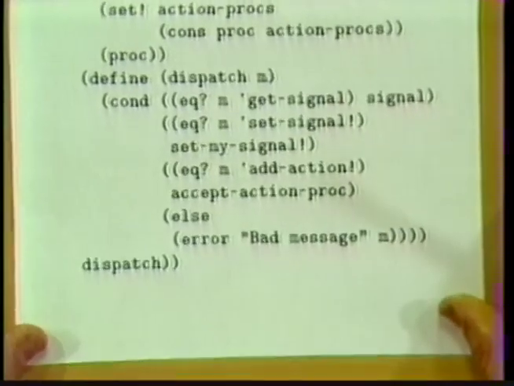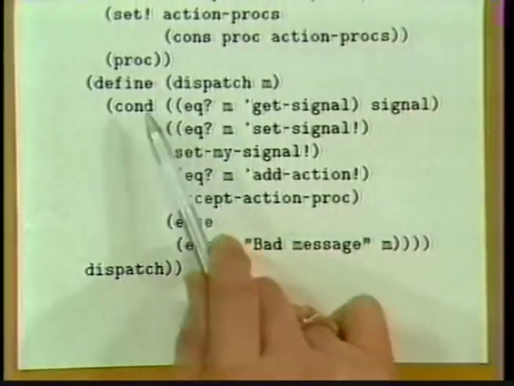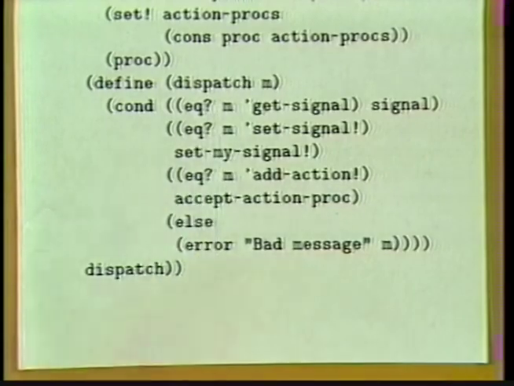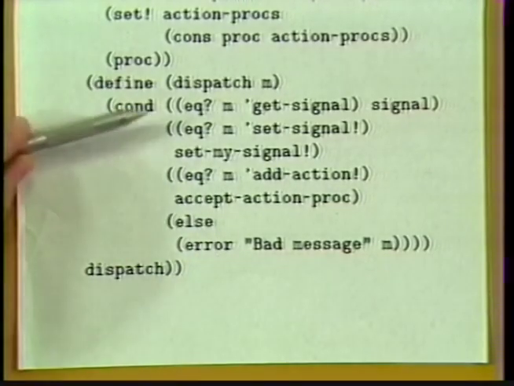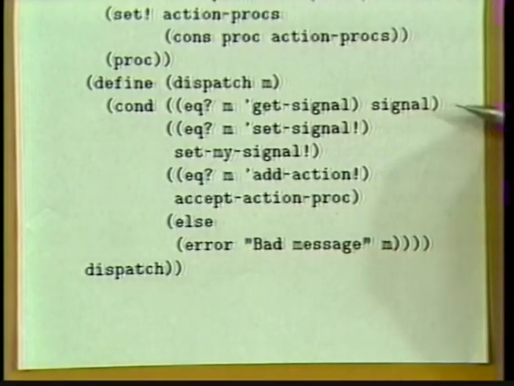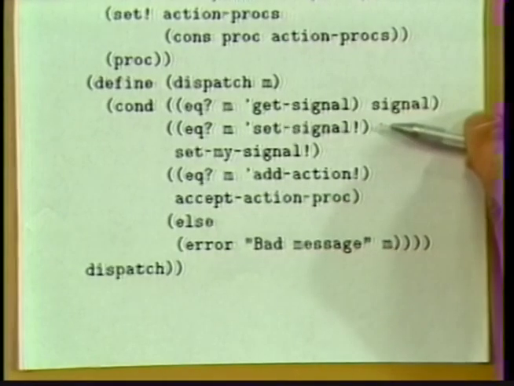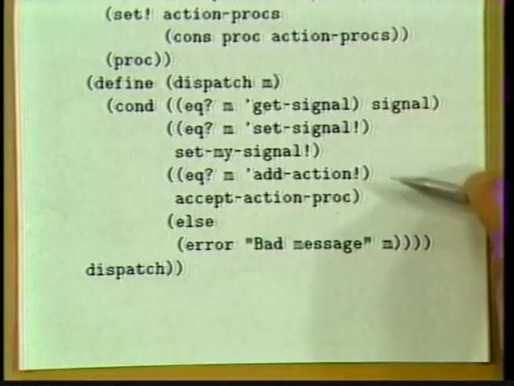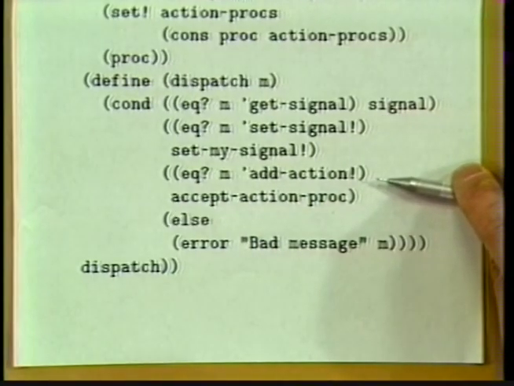And finally, I'm going to define a thing called the dispatcher, which is a way of passing a message to a wire, which is going to be used to extract from it various information, like what is the current signal value? What is the method of setting your signal? I want to get that out of it. How do I add another action procedure?